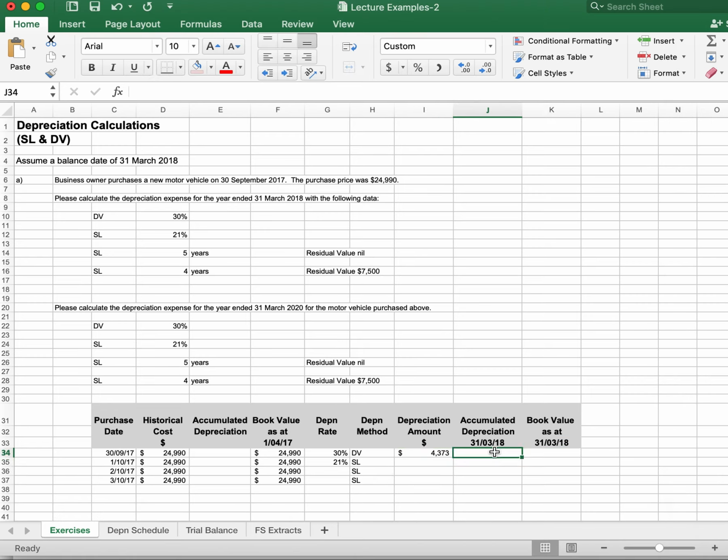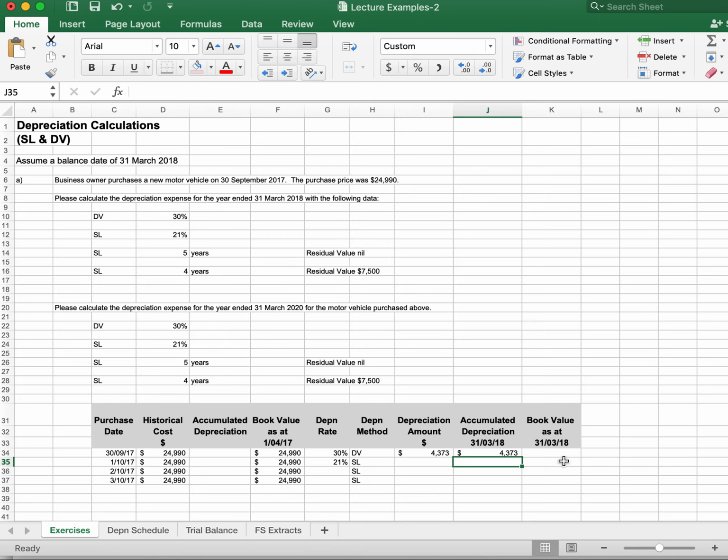The accumulated depreciation will be the opening accumulated depreciation. Even though there's 0, more often than not you include the cell anyway, because let's say next year you open up the spreadsheet, otherwise you'll have to redo all the formulas. You can actually roll these things over year to year if you're doing schedules on spreadsheets.